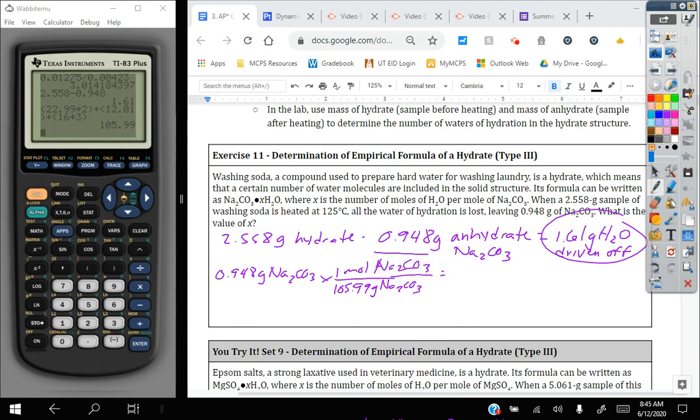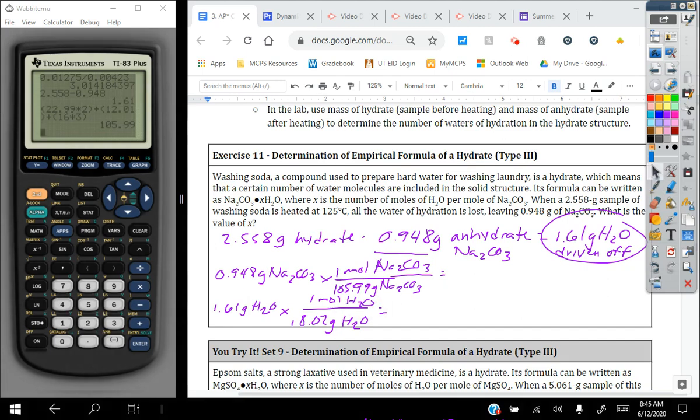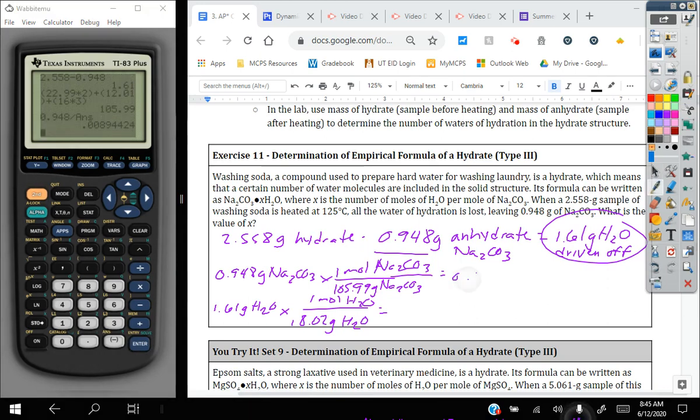All right, and before I put that in the calculator, let's go ahead and set up the one for water. I've got my grams of H2O, my 18.02 grams of water on the bottom, my mole of water on top. Okay, and let's convert these. 0.948 divided by 105.99 gives 0.00894424 moles of sodium carbonate.